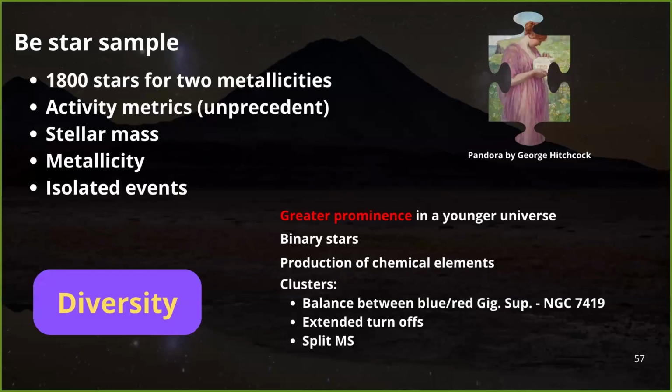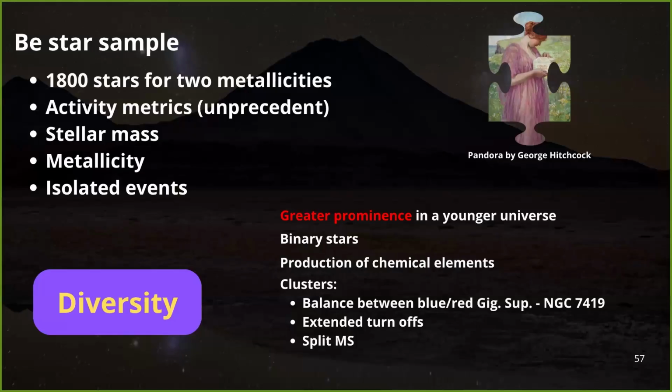Since B stars can have a more prominent role in the past, when the universe was younger. Additionally, B stars have a connection with binary stars, and can also affect the production of chemical elements when they leave the main sequence.